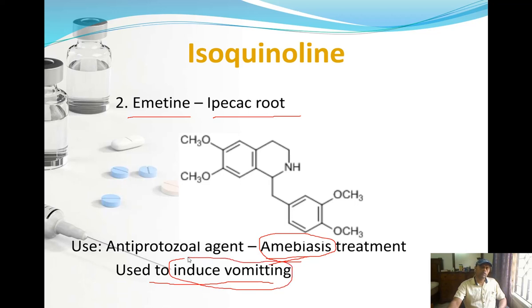If by accident somebody ingests some poisonous substance or some object, you can give emetine or the extract of ipecac root to induce vomiting so that the object or the poisonous substance can come out.